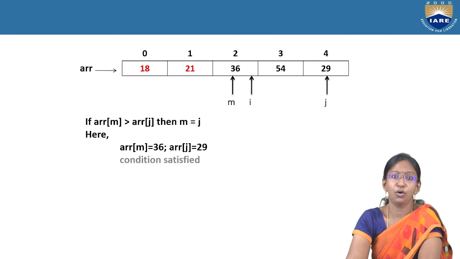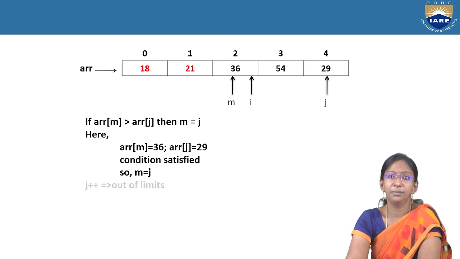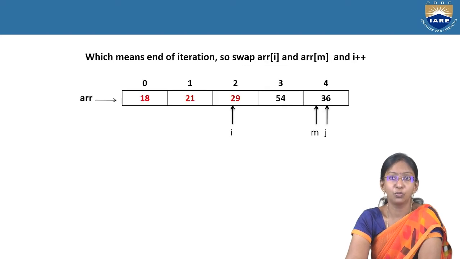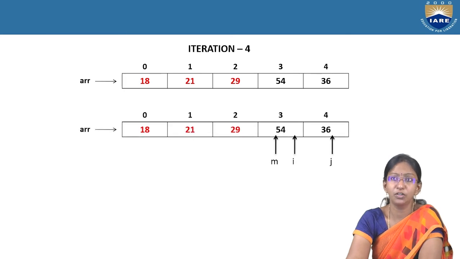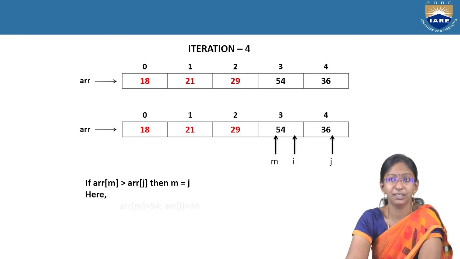Move the position of M and increment J. If I increment J, J goes out of boundary. So swap 29 and 36. Now this is the final list. 54 and 36. Now I and M are going to point to 54 and J is going to point to 36. Is 54 greater than 36? Yes.